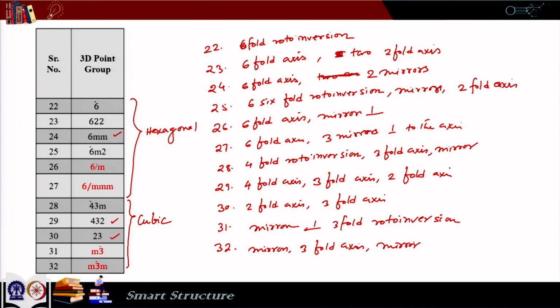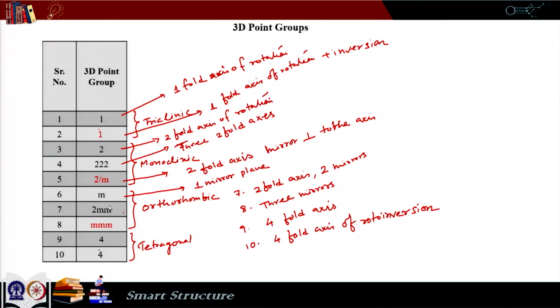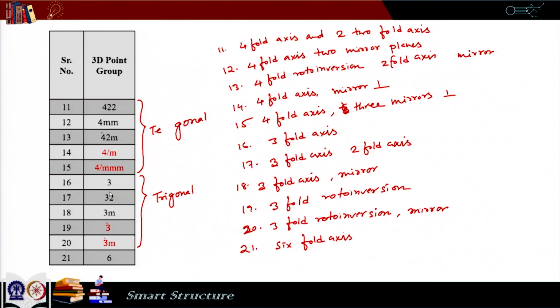So, in total we have 32 elements here, and out of these 32 point groups, there are few point groups which are centrosymmetric, which have a center of symmetry, and they are marked in red here. So, we can see few here, few here, few here. They are total 11 in number.